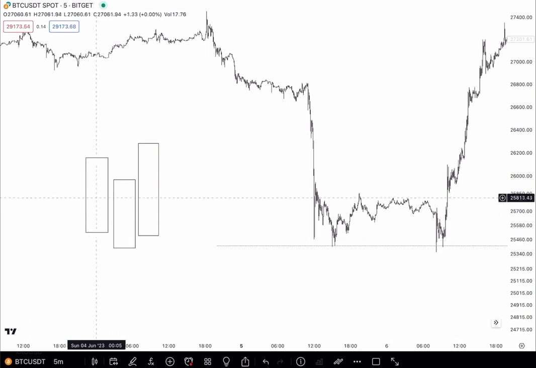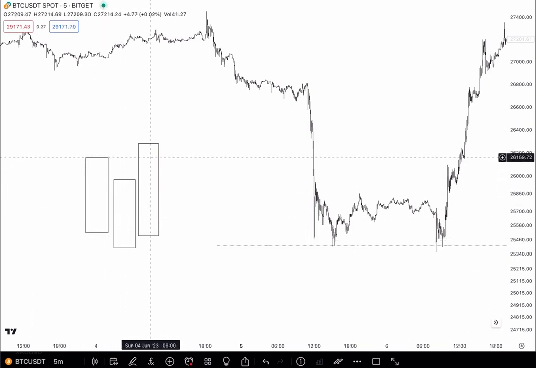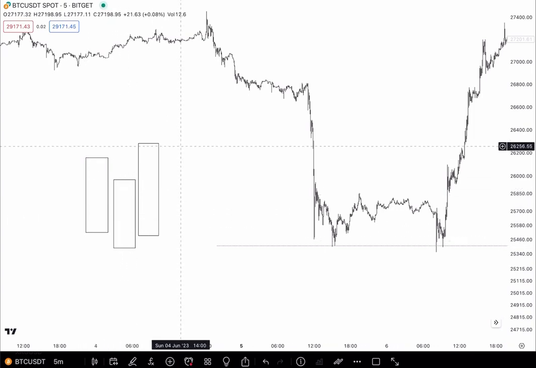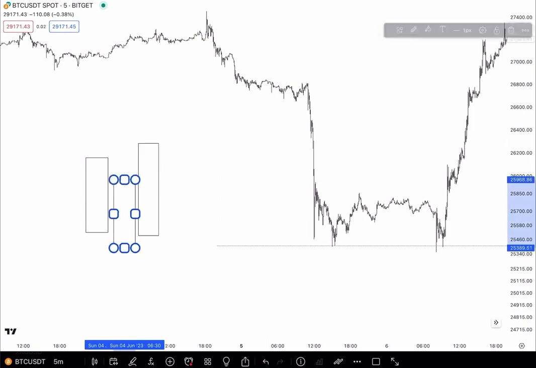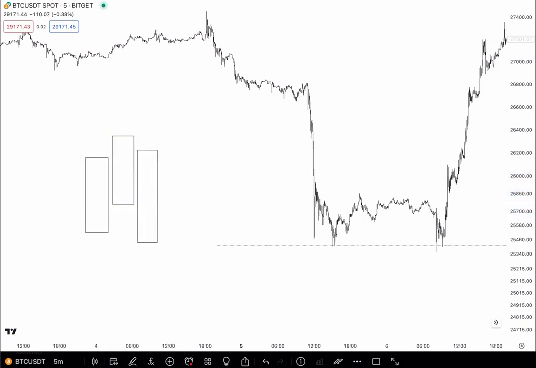Open, accumulation, manipulation, distribution. Open, low, high, and close. Open, high, low, and close. Looking for sells in this one, which also has within it an open, high, low, and close.